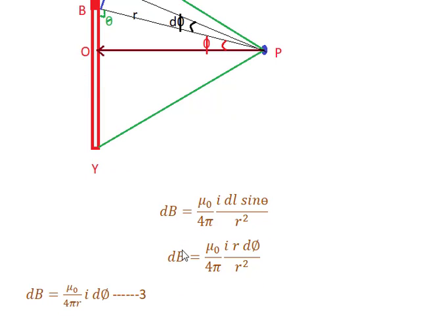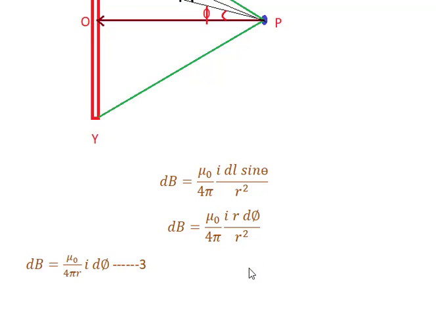On substituting this value, dB is equal to mu naught I dl sin theta by 4 pi r squared. We know dl sin theta is r d phi, so dB is mu naught I r d phi by 4 pi r squared. On simplifying, we get mu naught by 4 pi r into I d phi.